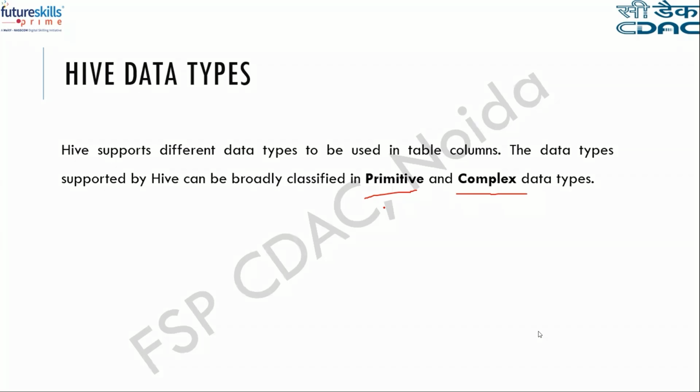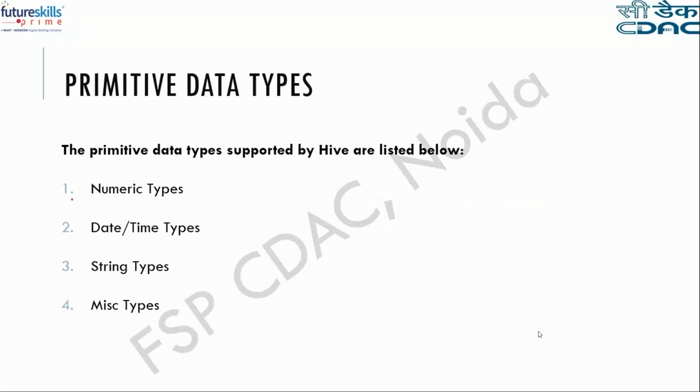Okay, so let's see here. In primitive, you have numeric types of data, meaning integer, float, and decimal. When you have date and timestamp, year, month, all those things, you can use date and time data types.